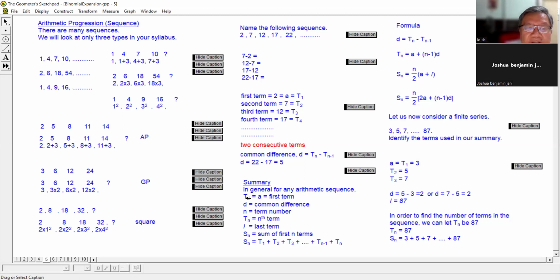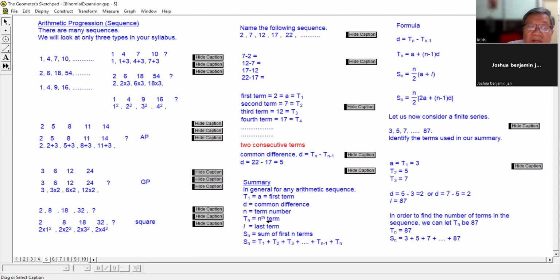The first term is T1, its symbol is also A. The common difference is D. The term number we call N. Then the nth term is... we have 10 minutes left, right?